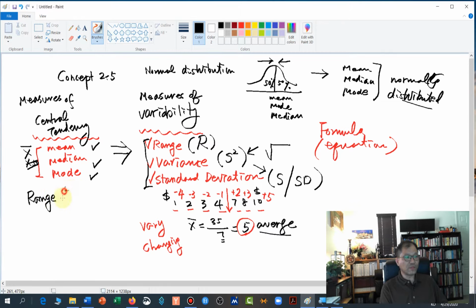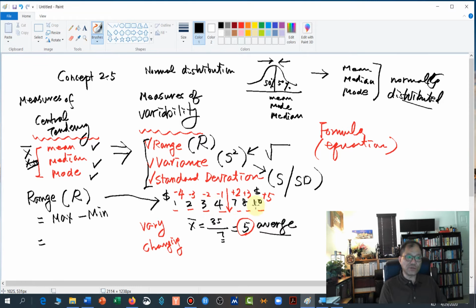Range is written as an italicized capital R. Range can be calculated by maximum number minus minimum number. Let's use this example right here. We have 7 students and I got $1, $2, $3, $4, $7, $8, $10.